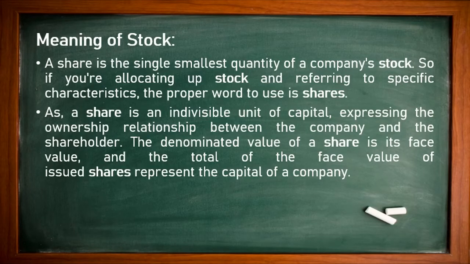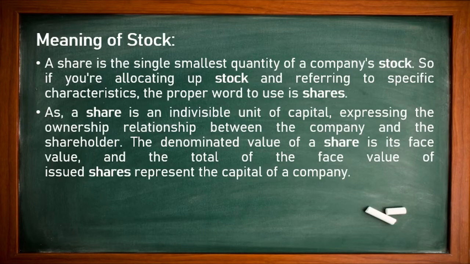Let's continue. The total of the face value of issued shares represents the capital of the company. It means whatever total number of shares the company issued in the market is the total capital the company has against the securities. Securities represent both bonds as well as stock.